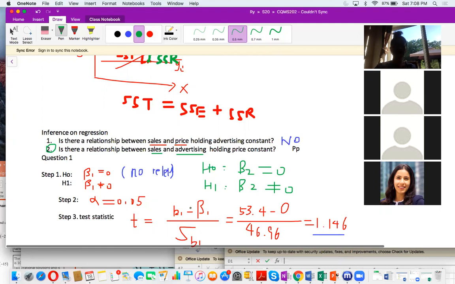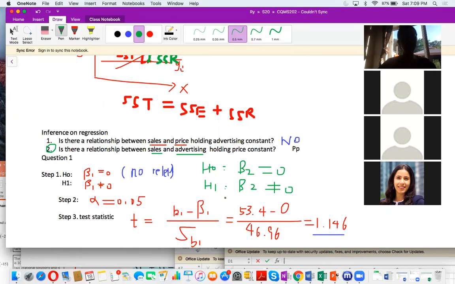And then the test statistic you have to change to b2 minus beta 2 divided by s_b2. So that is the influence on the regression coefficient.